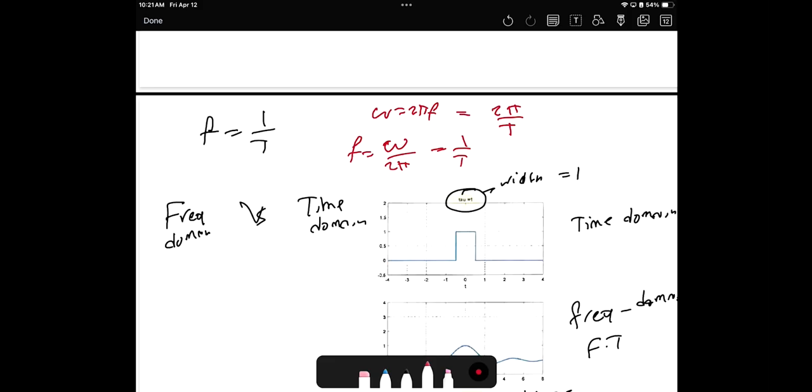So we can say that frequency domain and time domain are the opposite of each other.